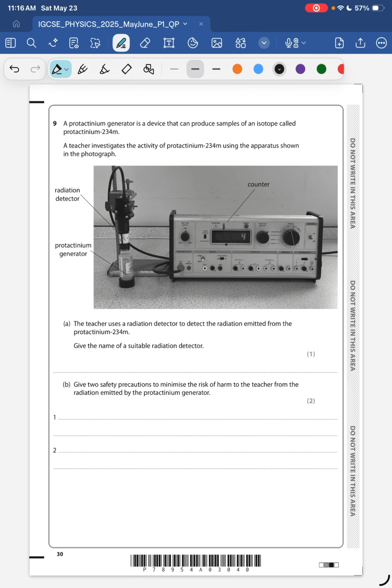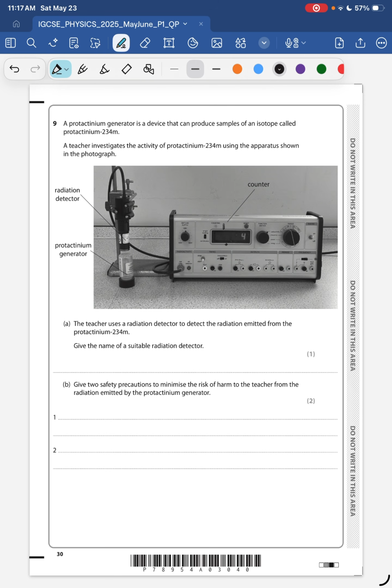So it remains stable for a large amount of time but not forever. Anyway, a teacher investigates the activity of protactinium-234m using the apparatus shown in the photograph. There's a radiation detector and a protactinium generator.